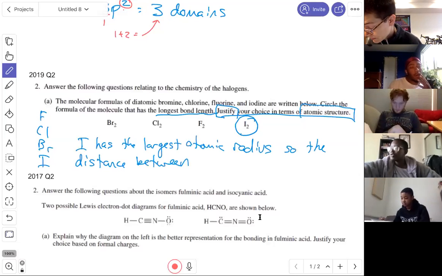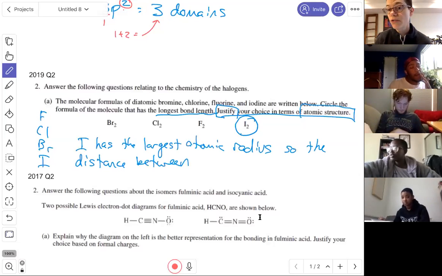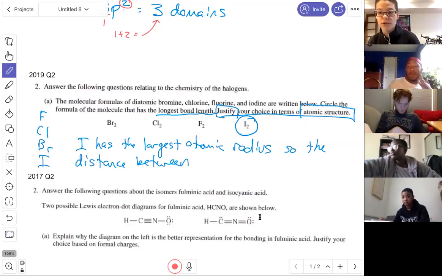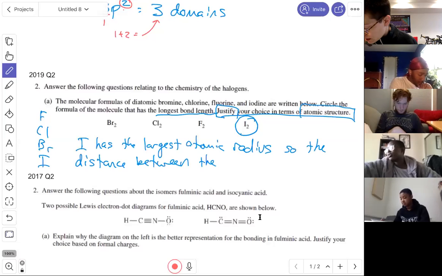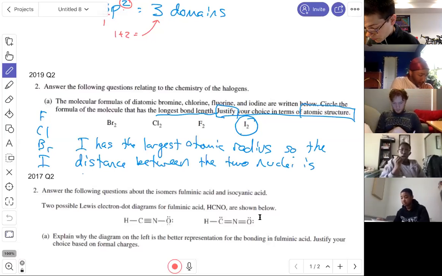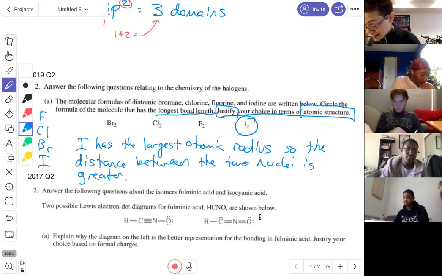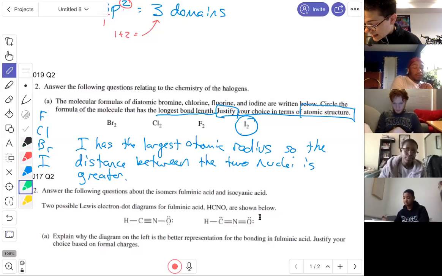Not here. They typically say to reference Coulomb if they want you to reference Coulomb. They've gotten better about that. So the distance between the two nuclei is greater. So here, the tricky thing is it's not enough to say that iodine has the largest atomic radius.